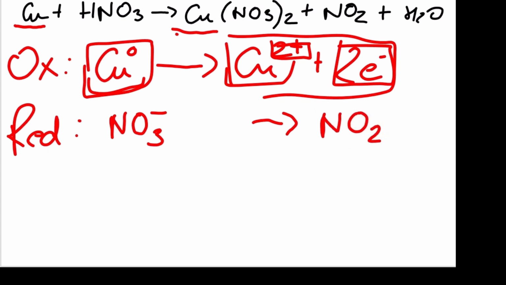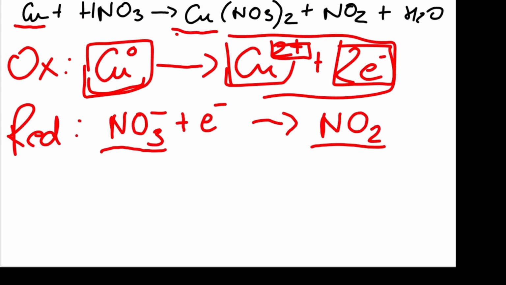What should we do? The next step is to fill in the number of electrons. You remember that the oxidation state of nitrogen in the nitrate is equal to +5. In the nitrogen dioxide, +4. So this particle gains 1 electron.